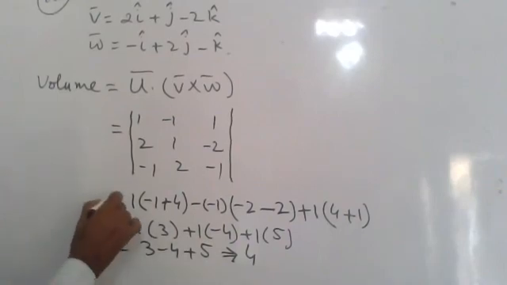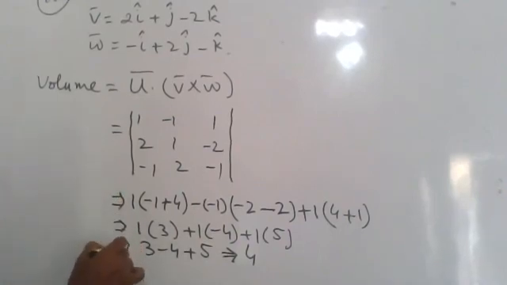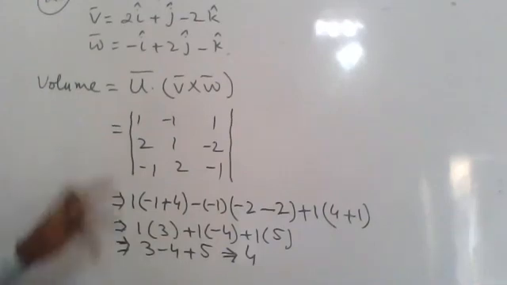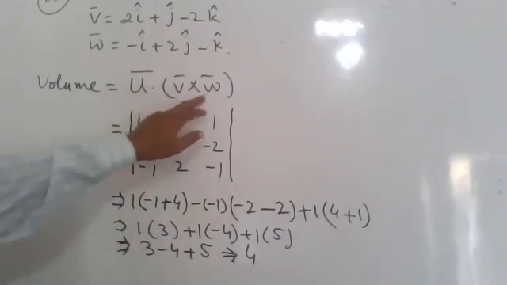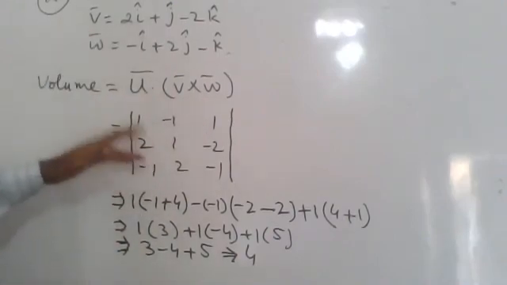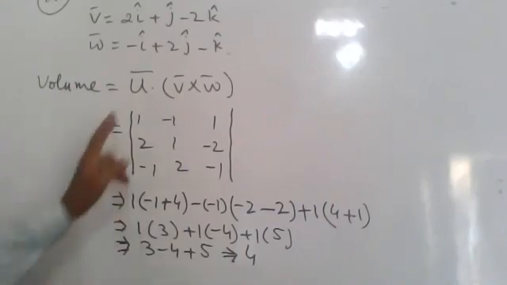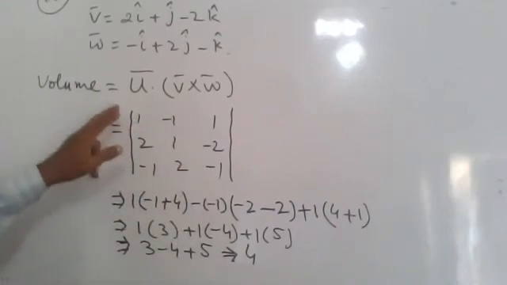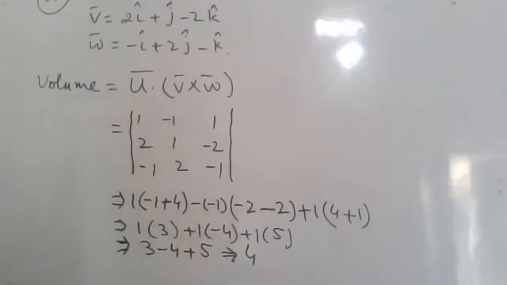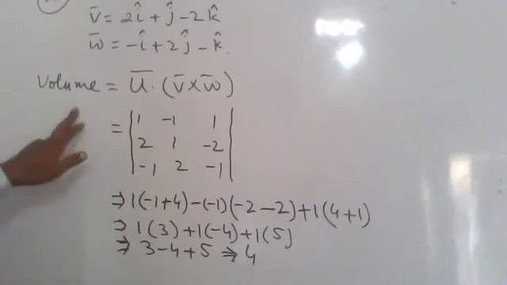The same answer, but we used the other method. We did not take the cross product first; we directly took all the three vectors and made the determinant of all the three vectors, and then we evaluated the determinant. The answer is 4. So this is the volume.